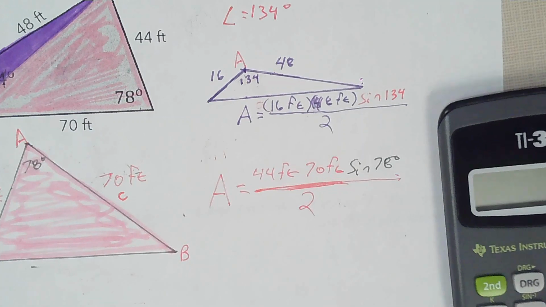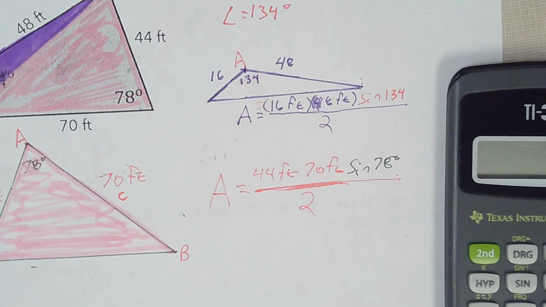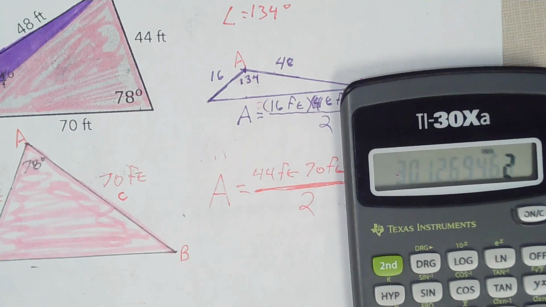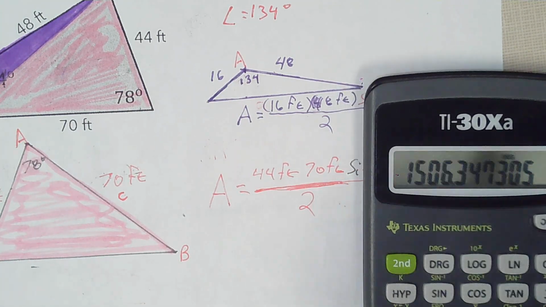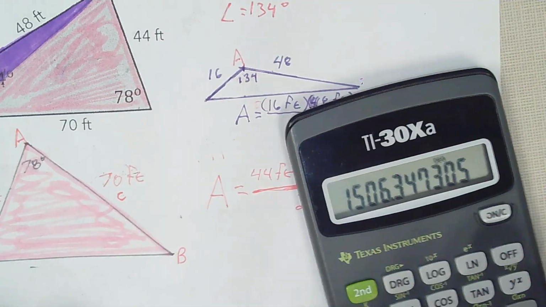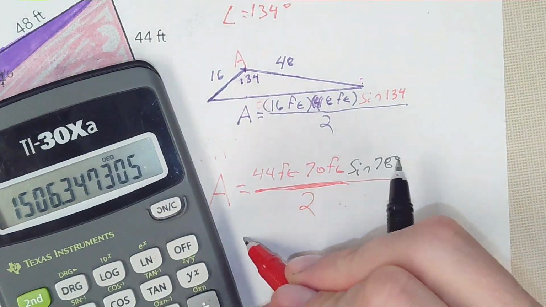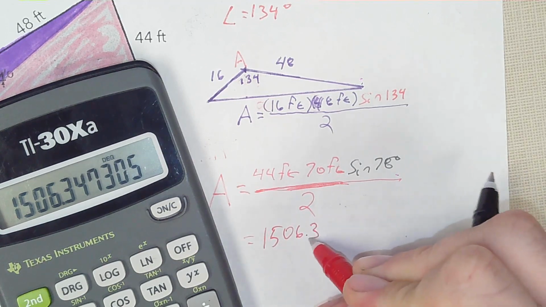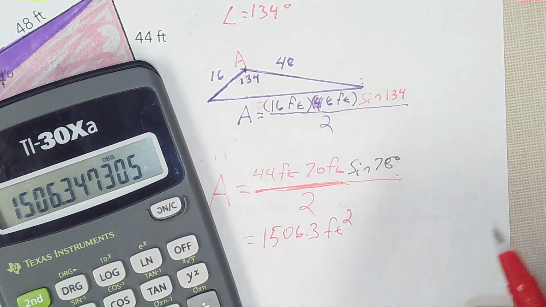All right, so the pink triangle is going to be 44 times 70 times sine of 78, divided by 2. That equals 1506.3 feet squared.